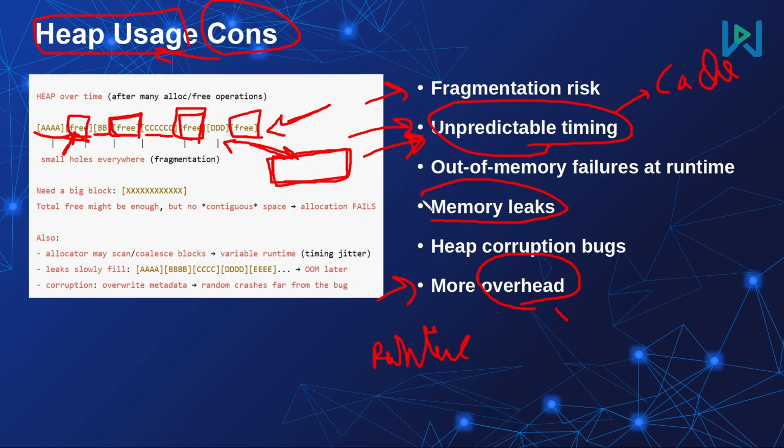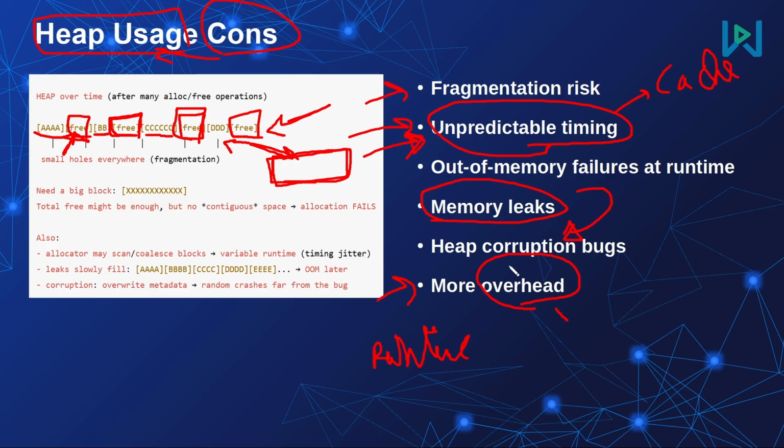We'll have as well the risk of memory leaks, especially if we are going out of the heap memory boundary. With that, we are risking exposing a set of data and variables outside the boundary of our heap. This will introduce, of course, heap corruption bugs.